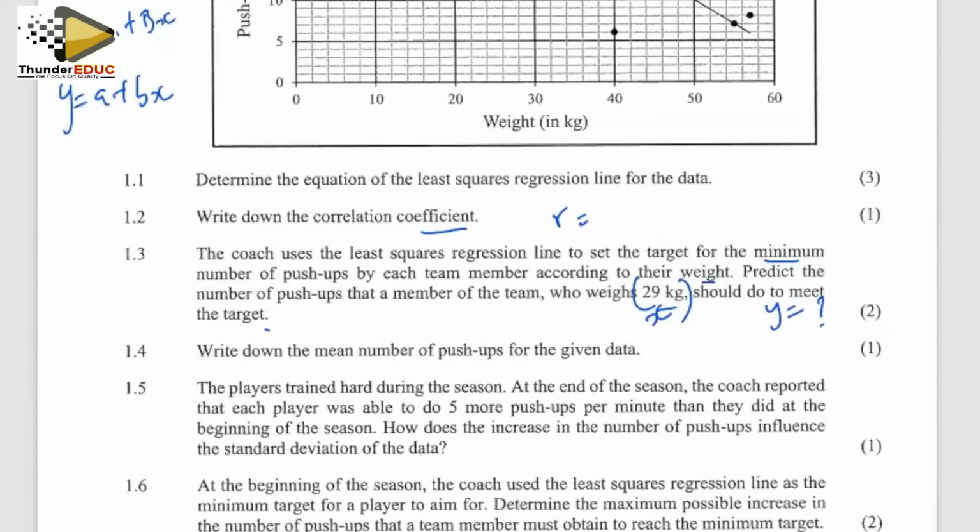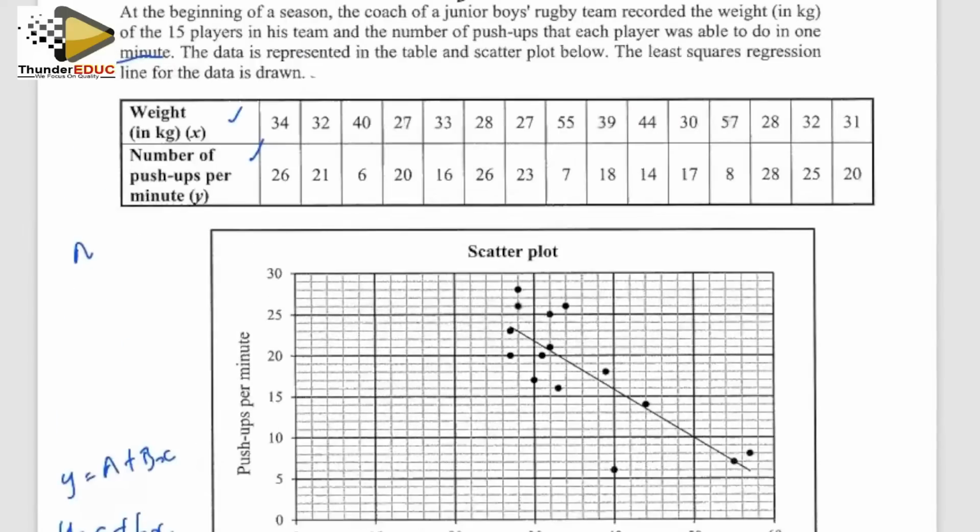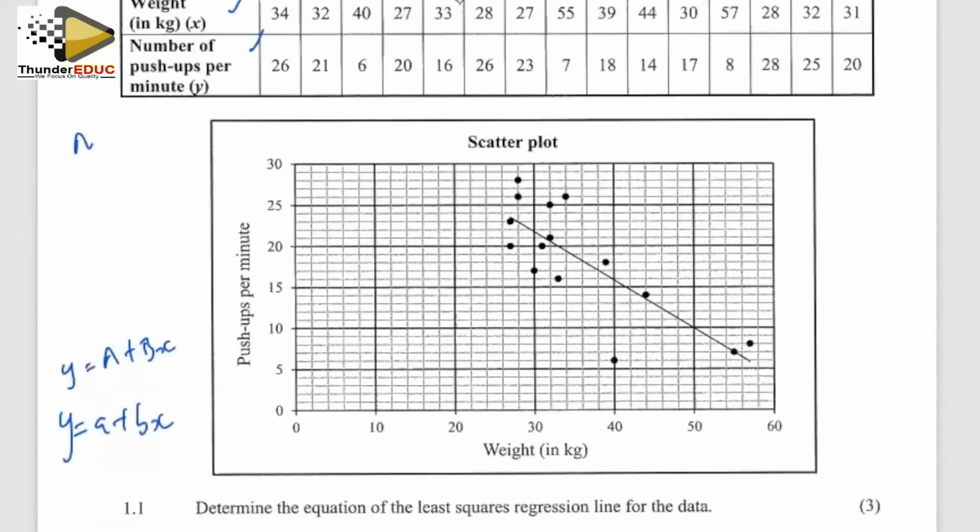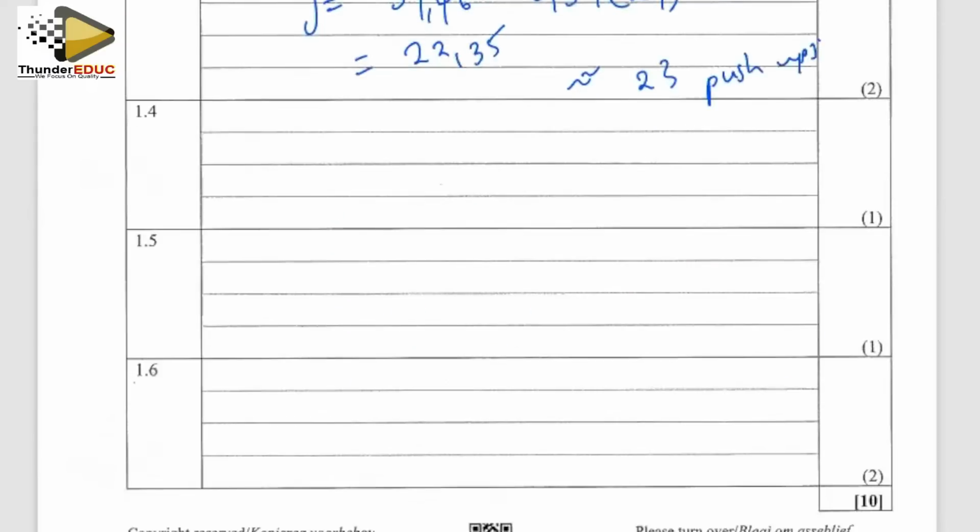All right, then 1.4, they want us to get the mean number of push-ups for the given data. Mean number of push-ups, which means we're looking at the Y values. For us to get the mean, we shall just add them, and then divide the answer by 15, or you can directly punch that into your calculator.